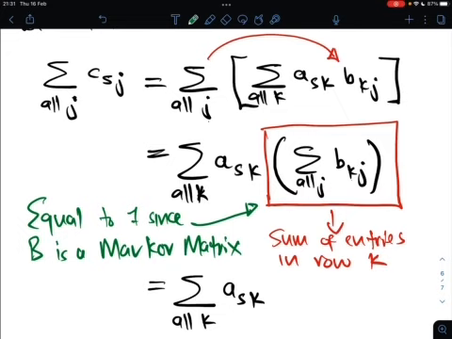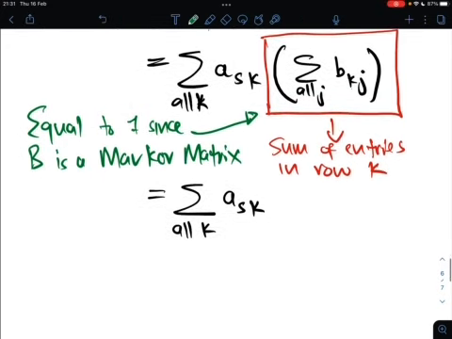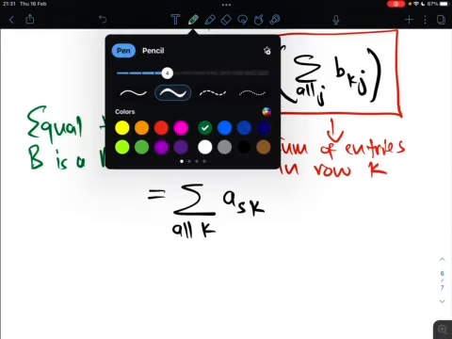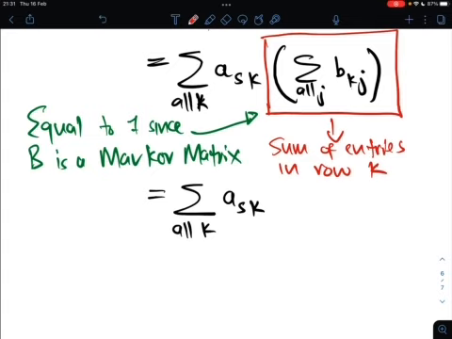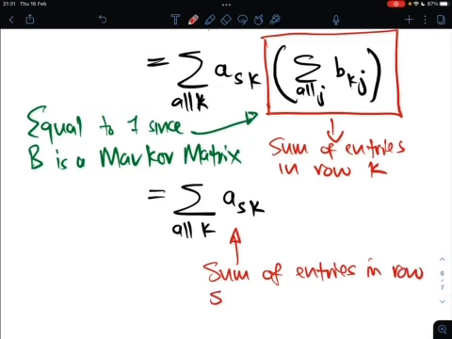Now let's look at what we have just landed with here. If you look here now, this object is the sum of entries in row S. So this is the sum of entries in row S in matrix A. That's exactly what this object is.